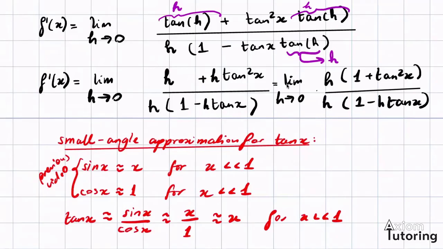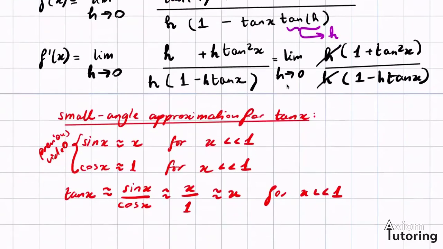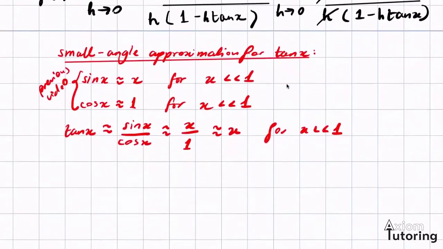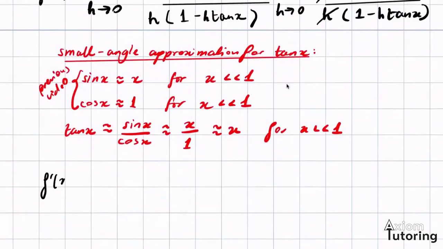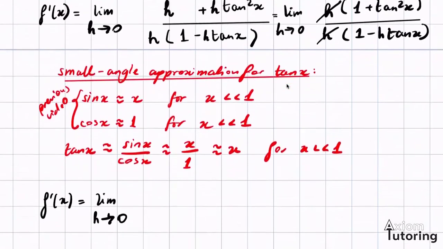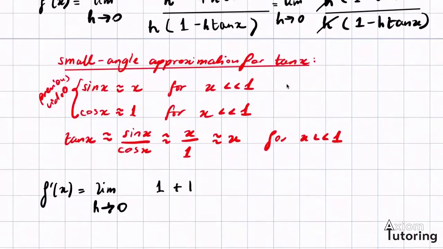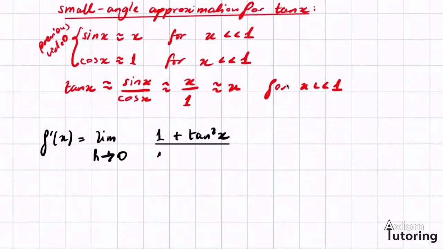So the h in the top cancels the h at the bottom of the fraction. What we're left with is f dash of x, the limit as h tends to 0 of 1 plus tan squared x over 1 minus h tan x.